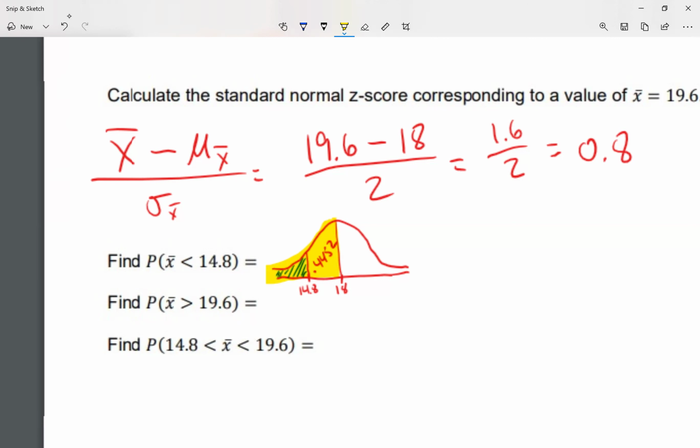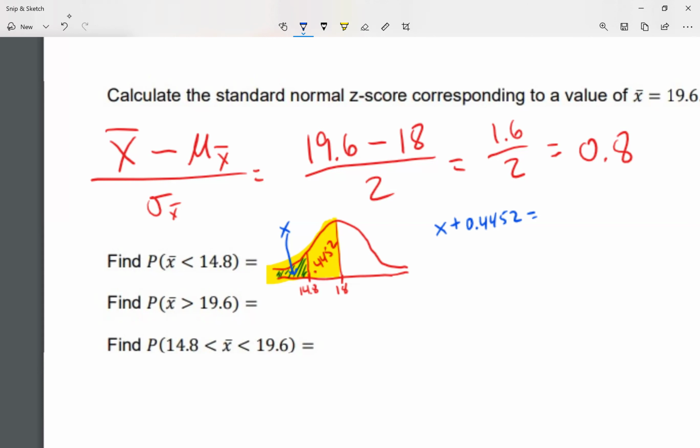0.5. I know you might think you hate algebra, or having to solve for x. Let me call this area x, because I'm trying to find what this area is in reality. I know that x plus 0.4452, you see how I'm combining these two areas?